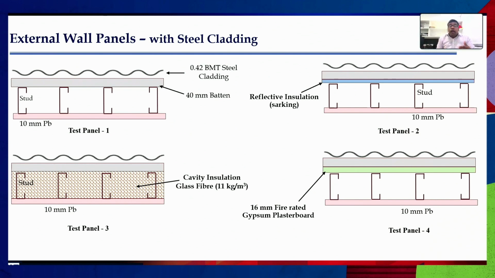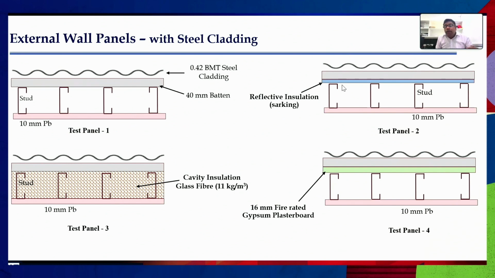If you look at test panel 1, we had a 0.42 BMT steel cladding, and then a batten directly connected to the steel stud. This is a very conservative approach. This is not currently used in practice, we understand that, but as a control panel, we developed this one.